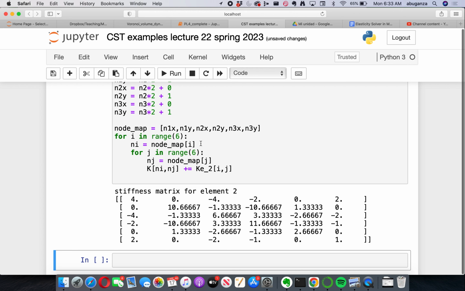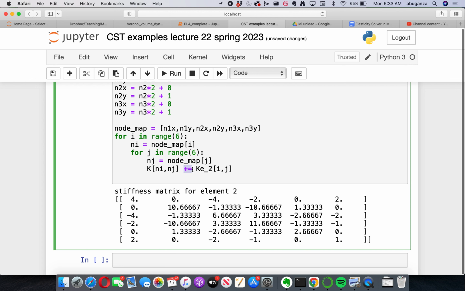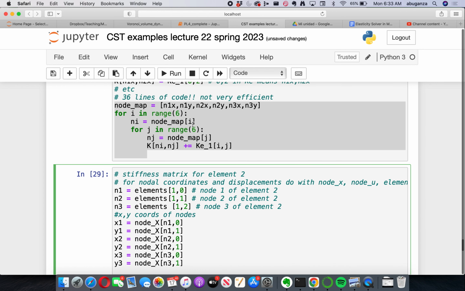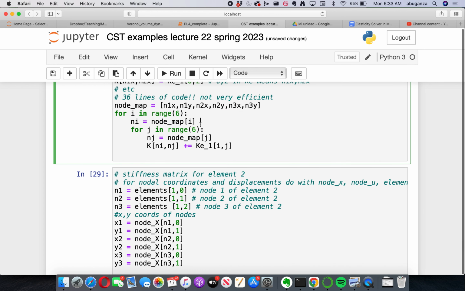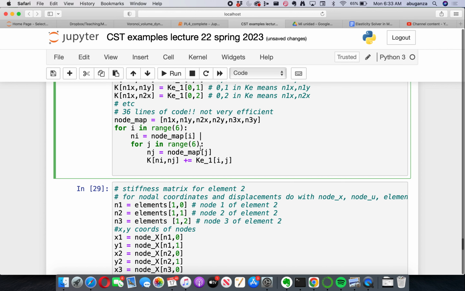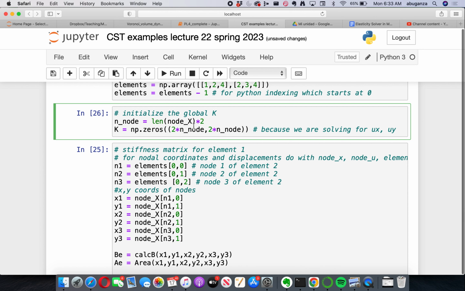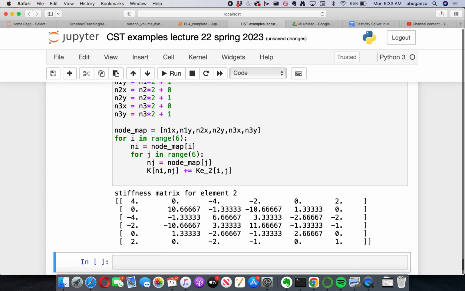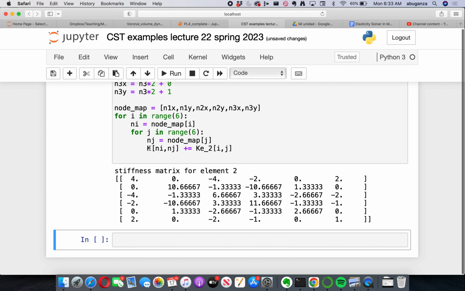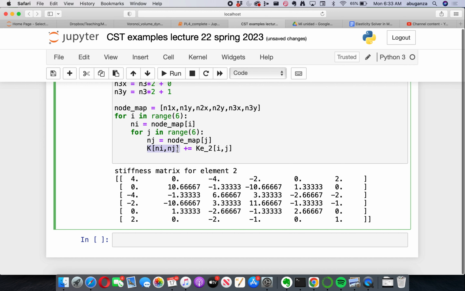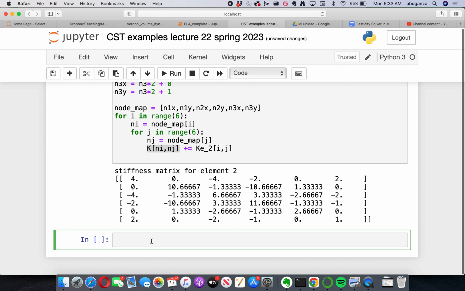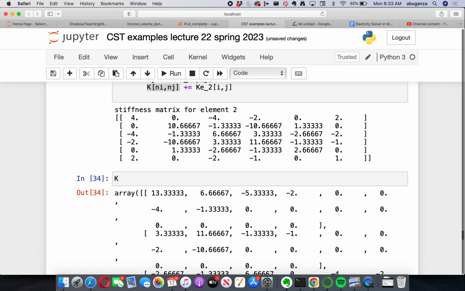Do not run this multiple times, because every time I do this, plus equal means that I keep accumulating. So this should only be run once, same as this. So only one time, otherwise it will be incorrect. Actually, let me make sure that I run the thing only once, otherwise it will keep on adding to the stiffness matrix. All right, so that takes care of the stiffness matrix.